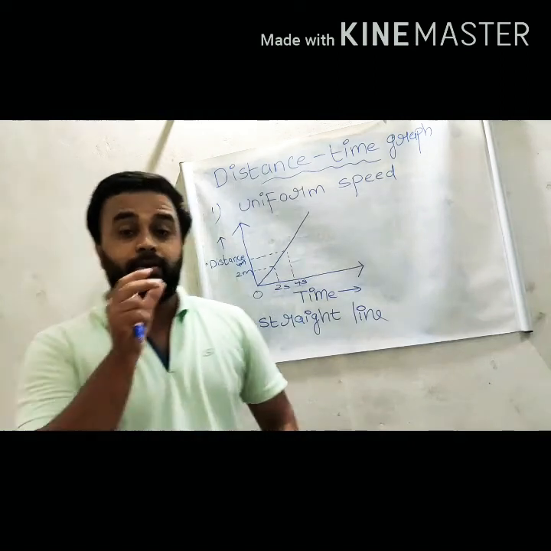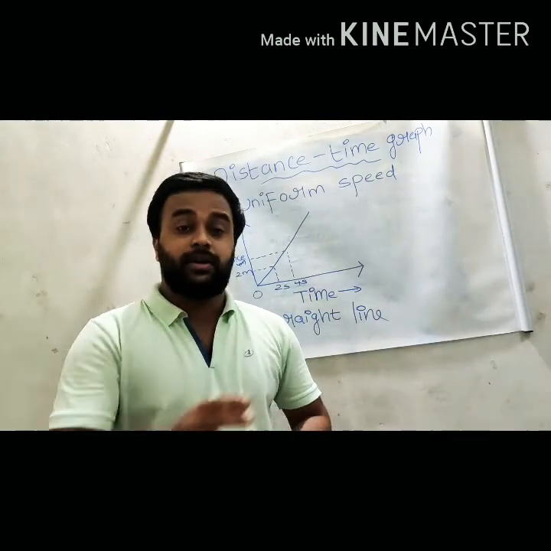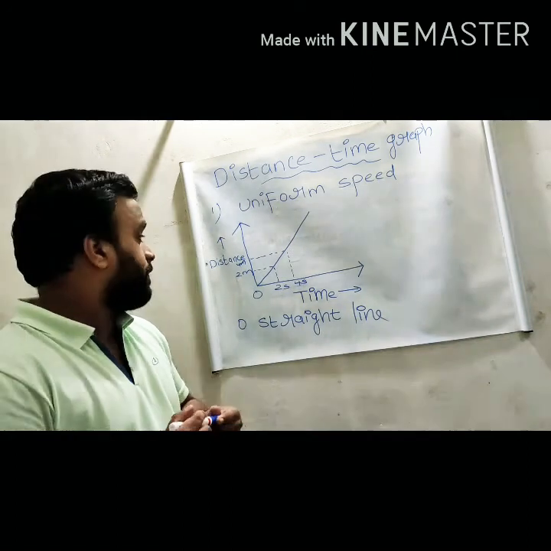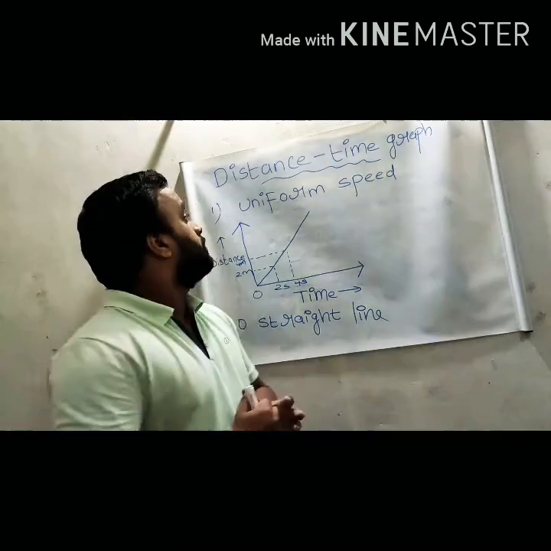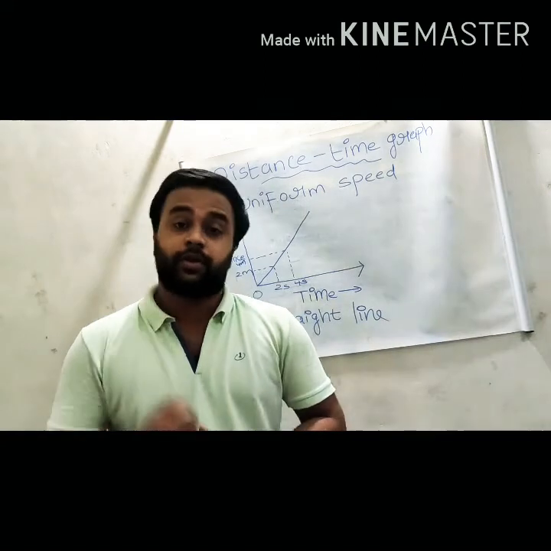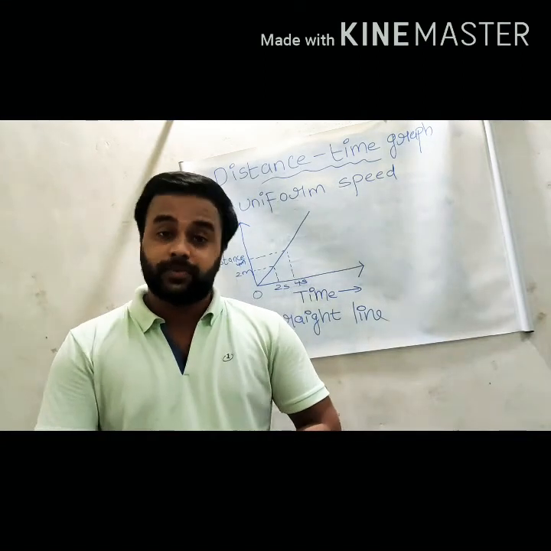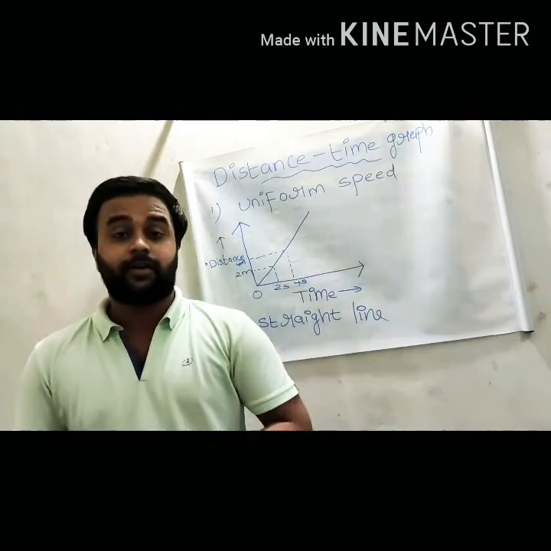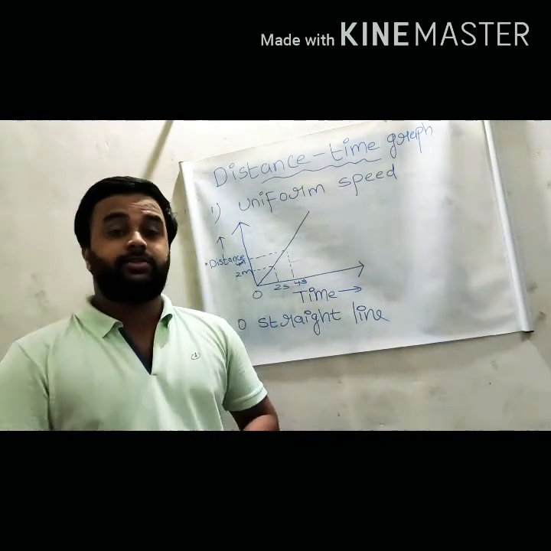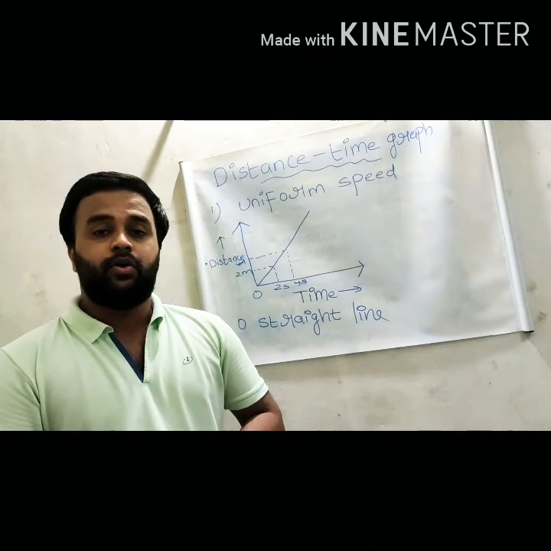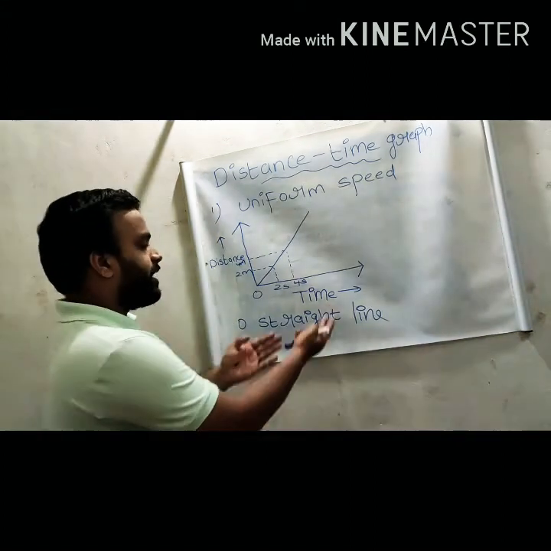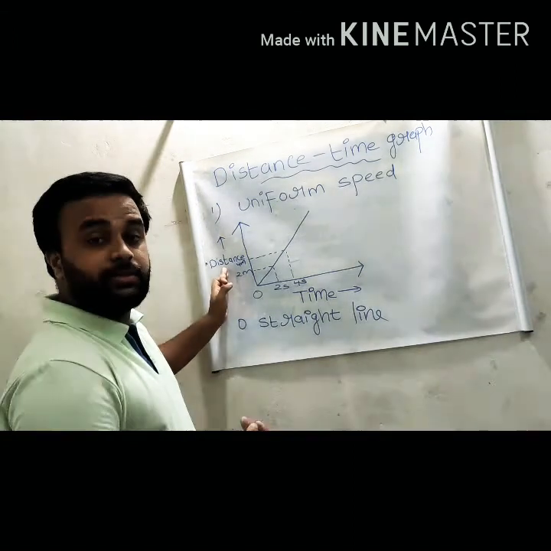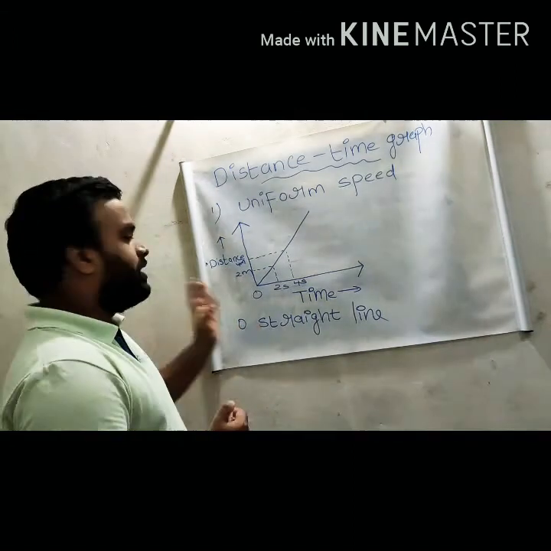That means the object covers equal distances in equal time. Once again, the distance time graph for an object moving with uniform speed will look like this. The peculiarity of this graph is that it is a straight line from the origin. On the x-axis we take time, and on the y-axis we plot distance.